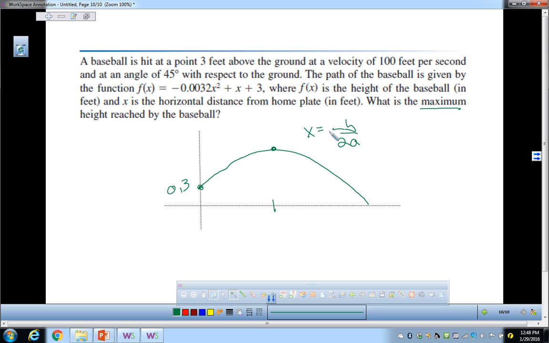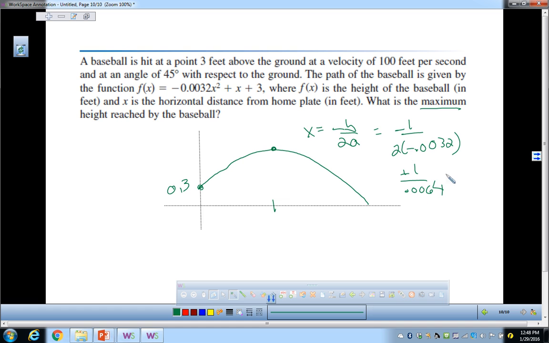In this case, it's negative 1 over 2 times negative 0.0032, which is the same as positive 1 over 0.0064.